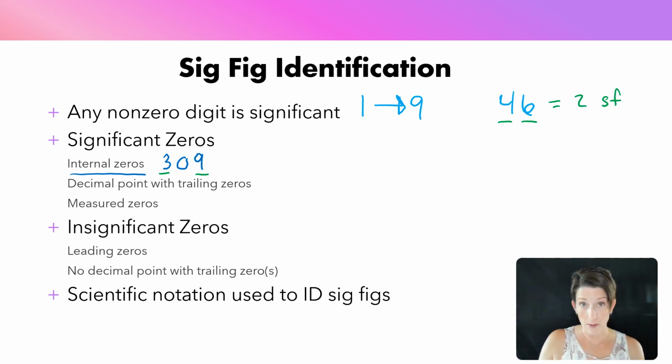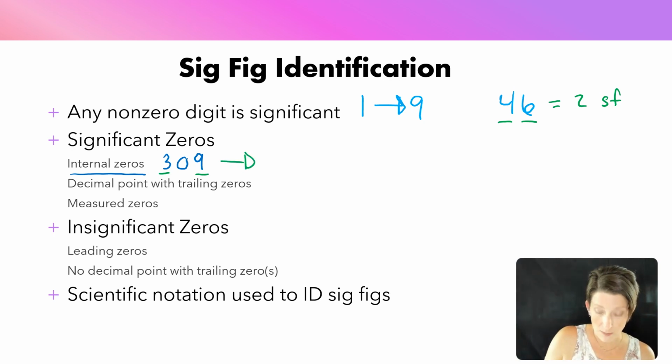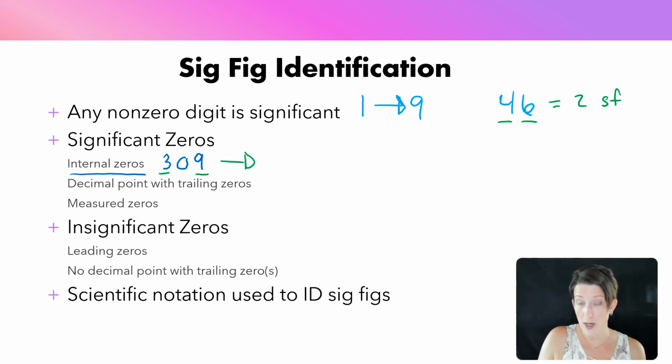The 0 is what we call a placeholder. It is allowing the 3 to be in the hundreds place. Without that 0, that 3 would be in the tens, and that is not the same value. Therefore, that 0 is significant because it allows the 3 to occupy the place value it needs to be in. So we have 3 significant figures.